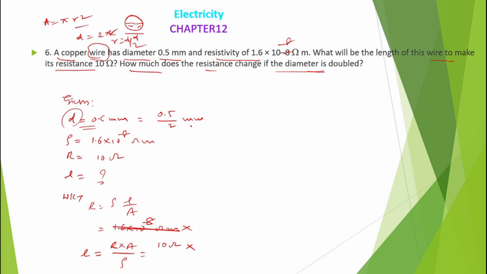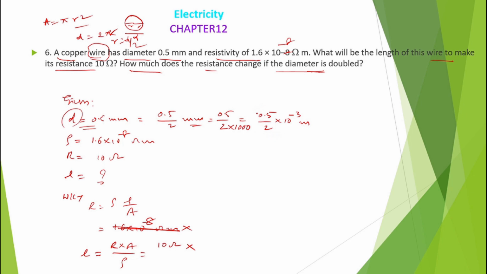And he has given mm. This also you have to change. That means by 1000 you have to make it: 0.5 divided by 2 into 1000 is equal to, you will get 0.5 by 2 into 10 to the power of minus 3 meter.